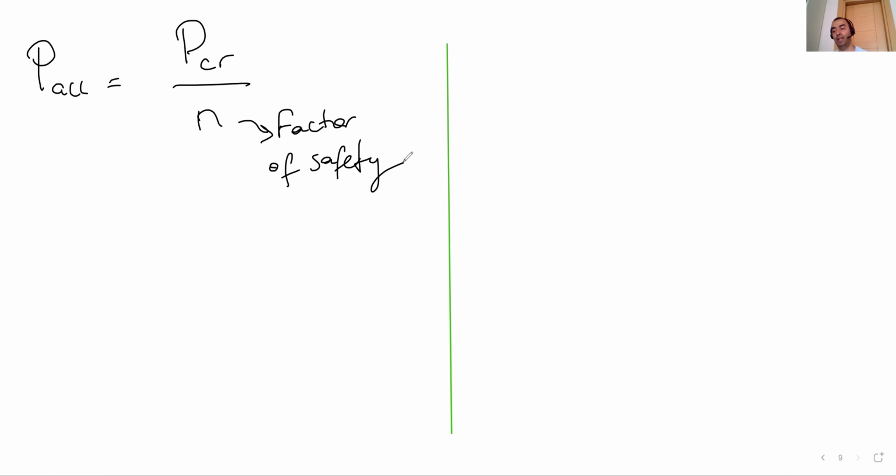N is given to you, it depends on the question. N must be greater than 1, by the way, but generally it's 2, 3 in professional life. So here we can calculate the allowable load. This is the capacity of that member.